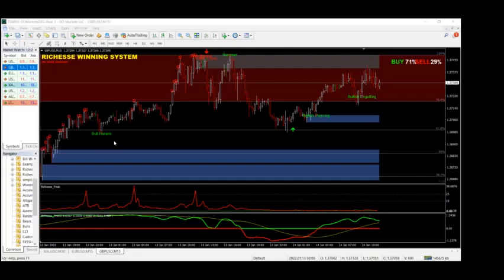Okay. So let me start a screen sharing. Okay. So this is the indicator. This is the first indicator, the Richesse Vedic system.